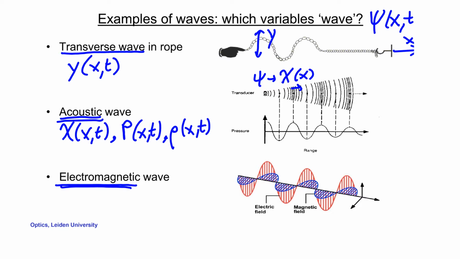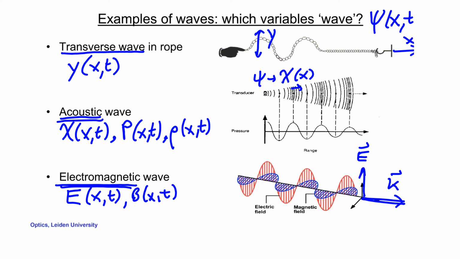An optical wave, as you might know, is a particular electromagnetic wave. So what oscillates here is the electric field as a function of position, the magnetic field as a function of position, and it's a transverse wave. So if things move in a particular direction, k vector, the wave vector, then the electric field is transverse to this k vector in this direction, and the magnetic field is transverse to the wave vector in this direction.